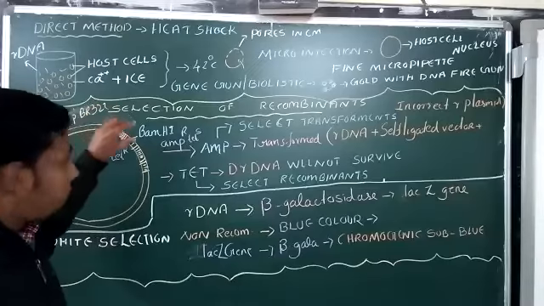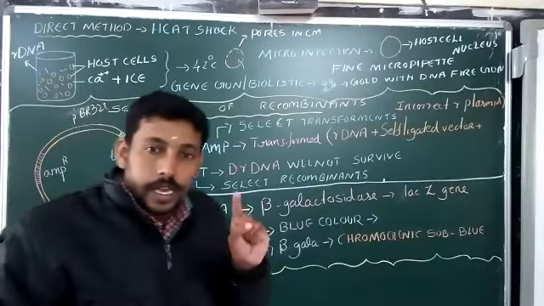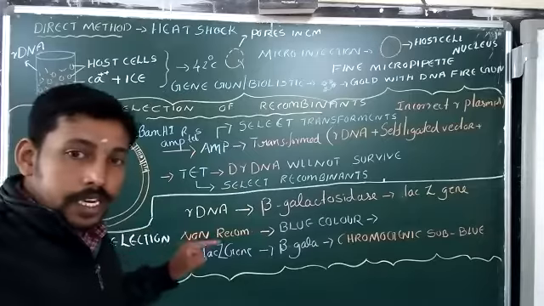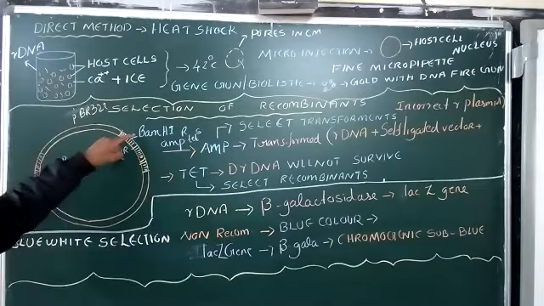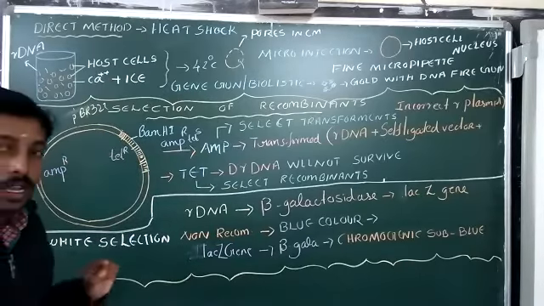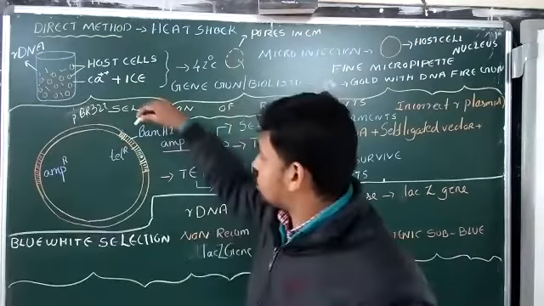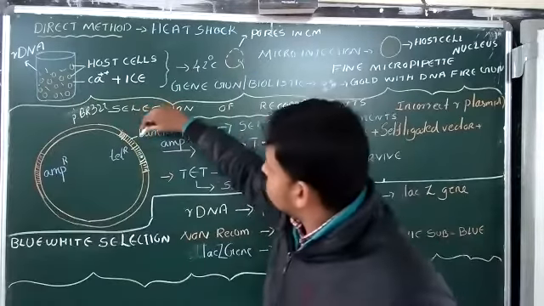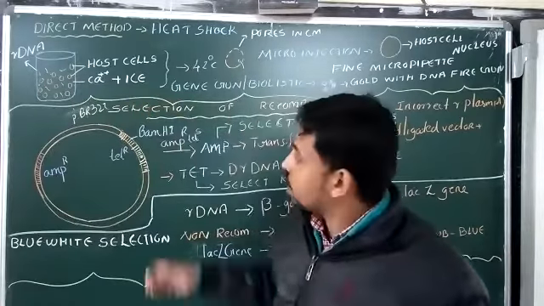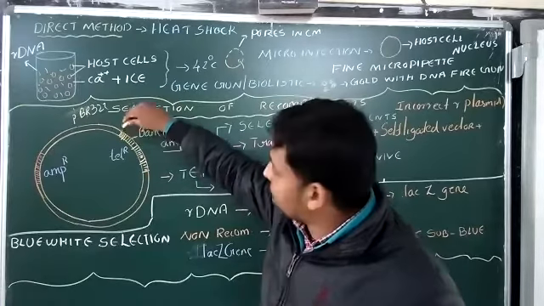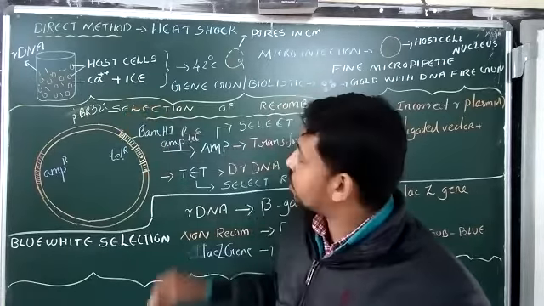If you are inserting a foreign gene in this area, that means what? BamHI. It is an enzyme, the sequence of that enzyme. So if you are inserting a recombinant DNA, a foreign DNA here, what will happen?